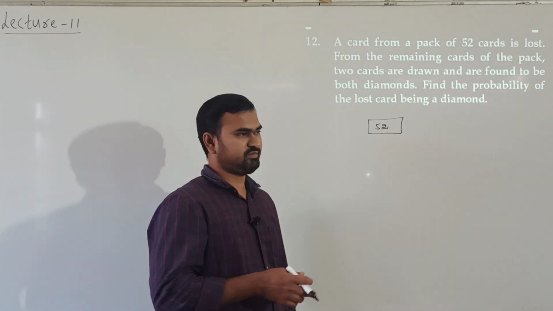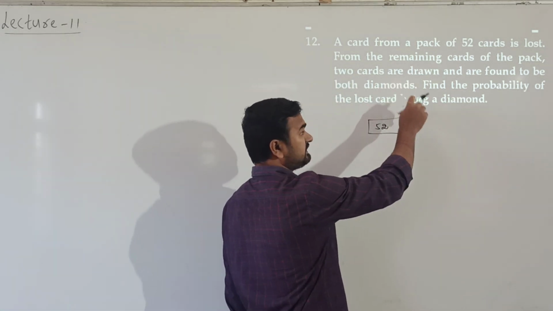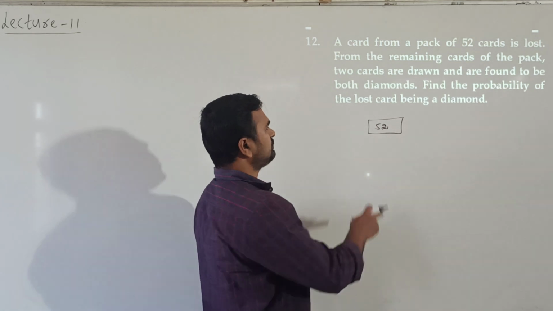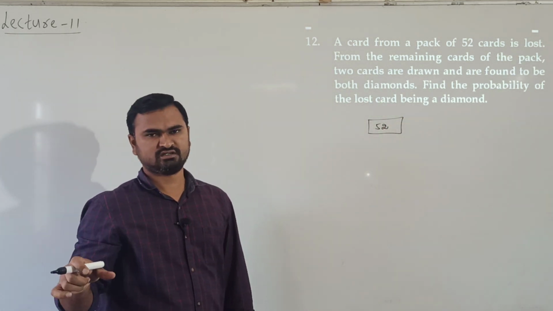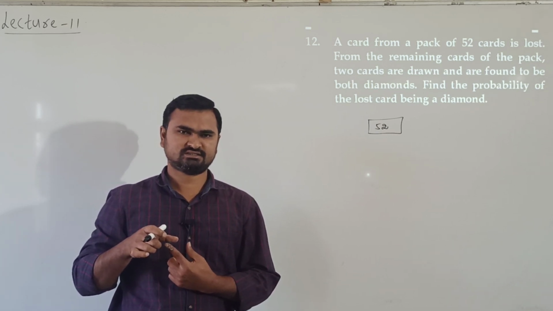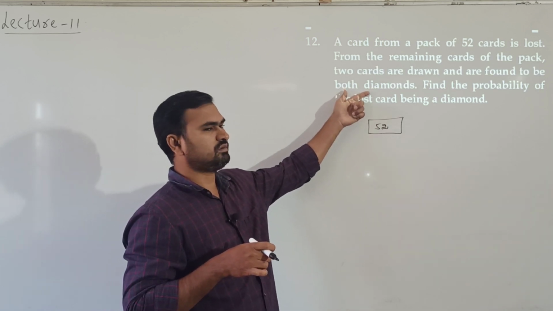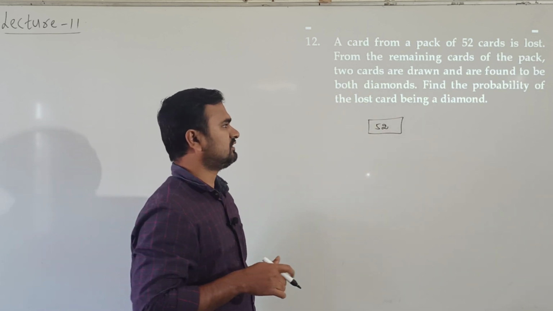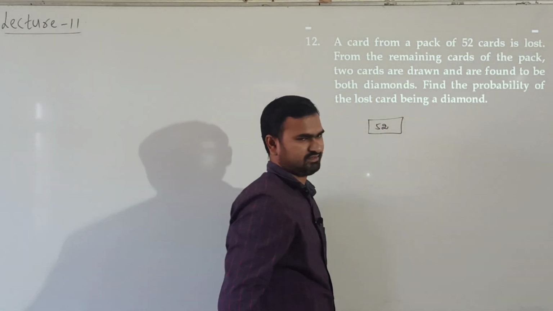When nothing is mentioned, we take that both the cards are drawn together simultaneously and are found to be both diamonds. So from the remaining 51 cards, I am taking two cards at a time. What we know is that both the cards are diamond cards.